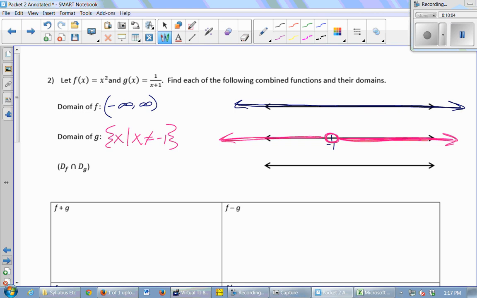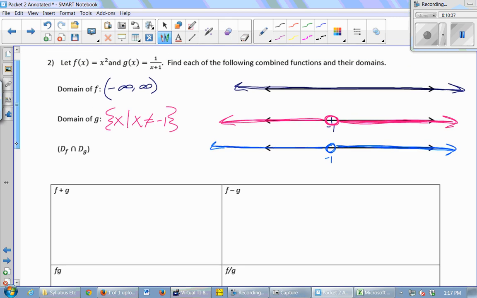But we only want to list numbers that are in both domains, where there's both purple and pink on the number lines. So my intersection of those two sets is going to be everything except negative 1. So it's where the two sets overlap. That's what intersection means.